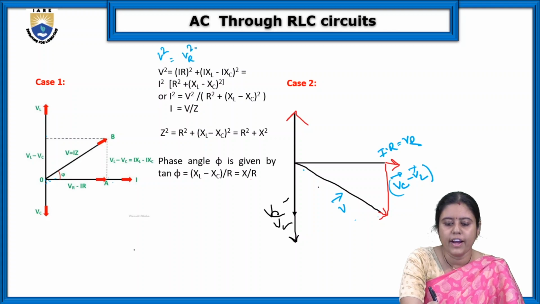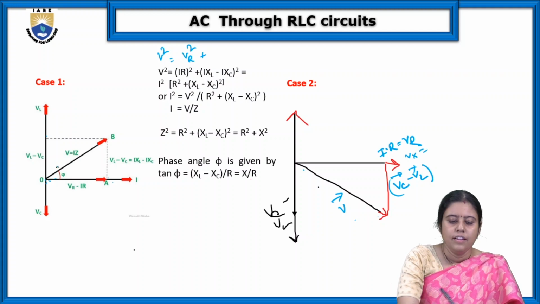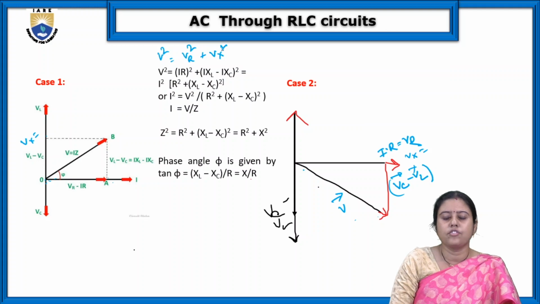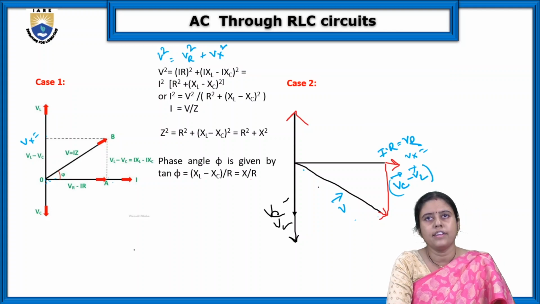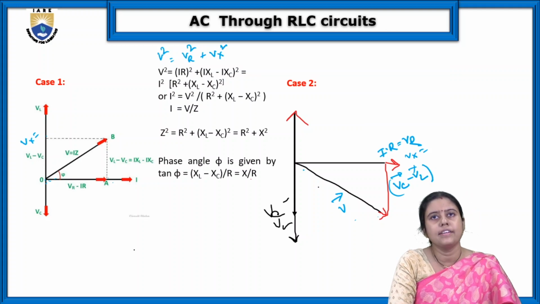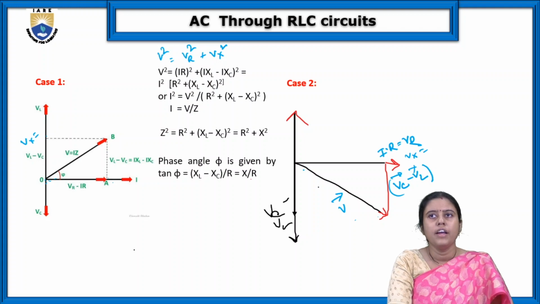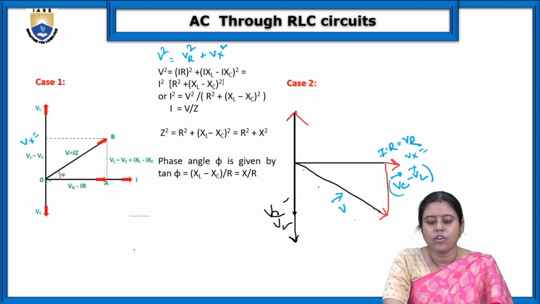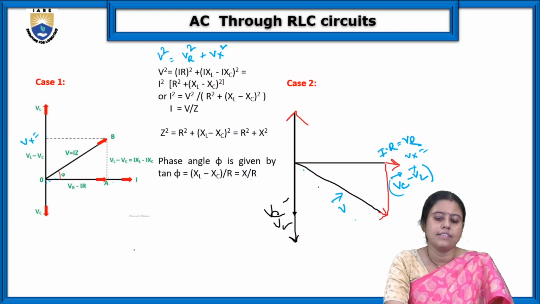So the actual equation is V square equal to VR square plus Vx square. So (IR) square plus I(XL minus XC) square; if I take I square common, V square is equal to I square times R square plus (XL minus XC) square. So what is I square? V square by R square plus (XL minus XC) square.